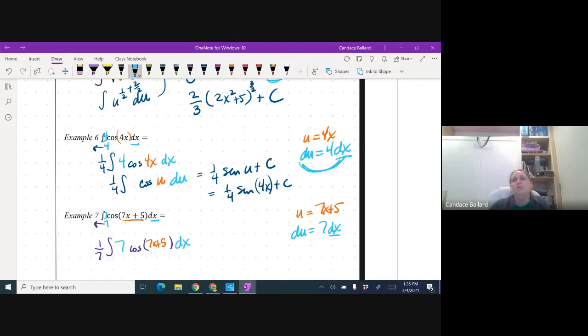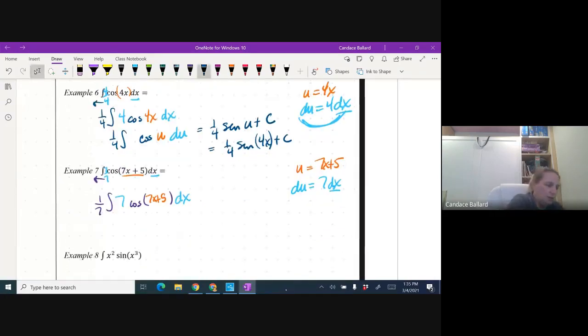If it was me just doing this, I would probably skip that line and go straight to my U sub part. Okay. All right. 1/7, the integral of cosine, we're putting in our U. And then for the 7 dx, which matches over here, I get du.